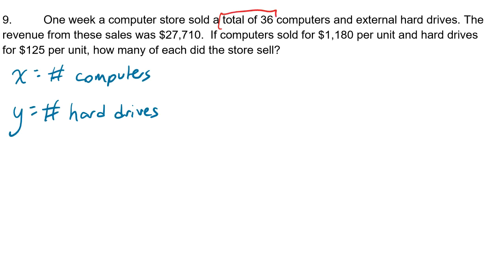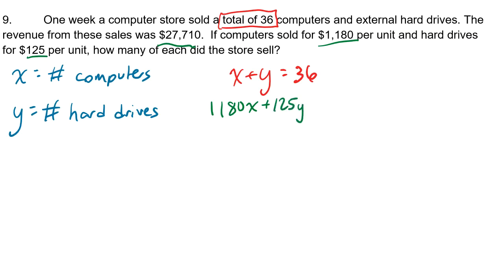So first things first, there was a total of 36, so X plus Y equals 36. And the revenue was $27,710, and it gives us the prices right here. So the computer was $1,180, computer was X, $125 for the hard drives, and that was Y, equals the $27,710.